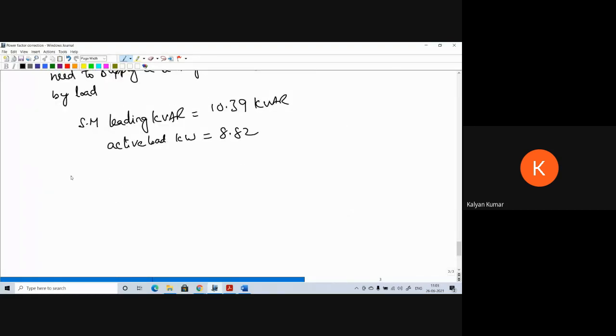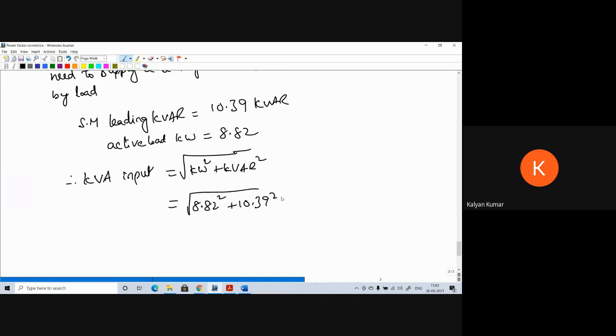8.82. Therefore, kVA input equals the square root of kilowatt square plus kVAR square for the motor, which equals the square root of 8.82 square plus 10.39 square.